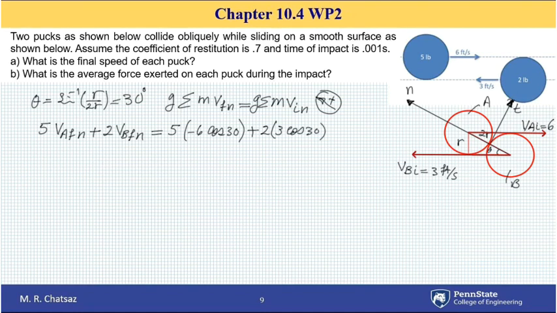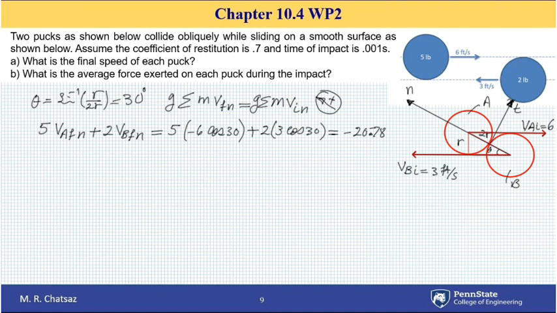I can simplify this equation slightly if I do the numerical calculation on the right side, and that turns out to be minus 20.78 with the appropriate units.